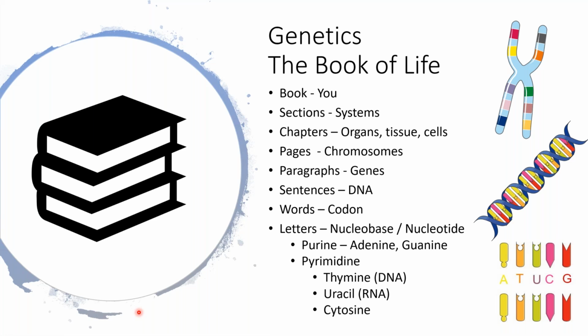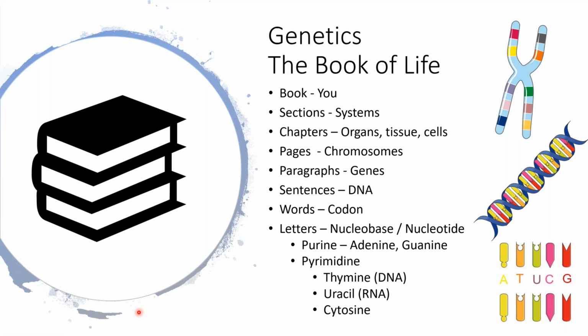So when we look at this Book of Life, and this is how I explain things to our patients as well, the book is like a physiology book that we've all read in school. The book is you. And when we open that book up, there are sections. And in those sections, we're looking at different systems, whether it's the cardiovascular system or musculoskeletal system.